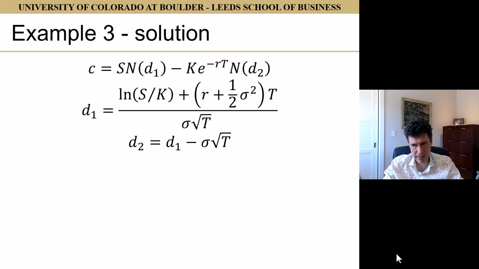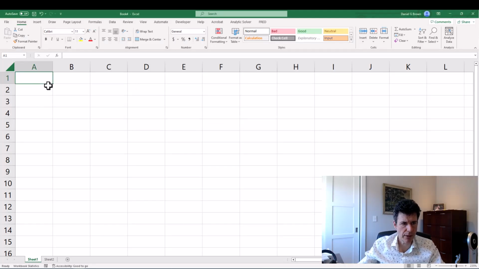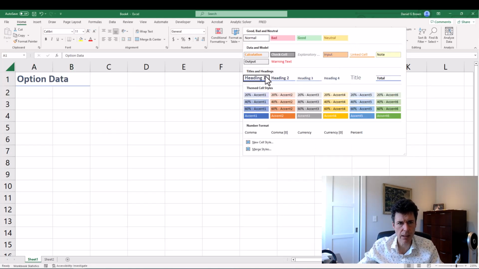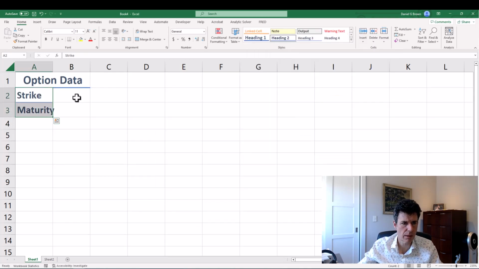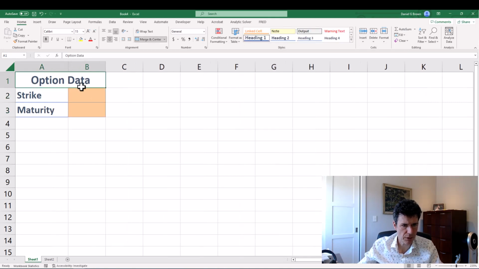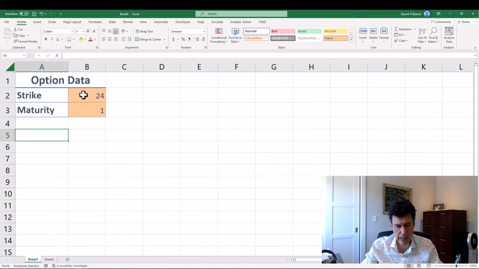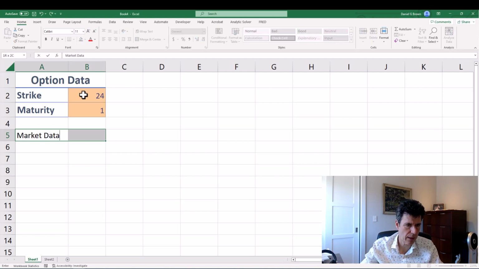Let's bring up Excel. Okay, we've got our Excel spreadsheet. Let me put my information into the spreadsheet first. So we've got our option data, which is going to be our strike and maturity. If you know me, I care about formatting. So the strike was 25, the maturity was 1. And then we've got our market data.